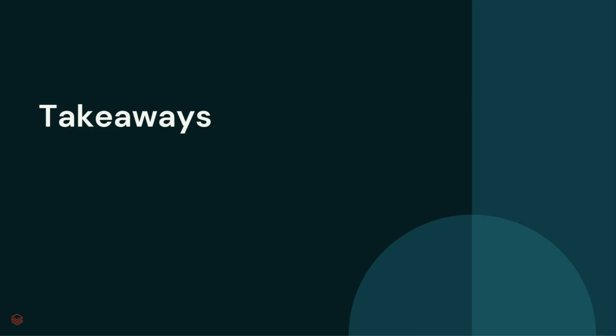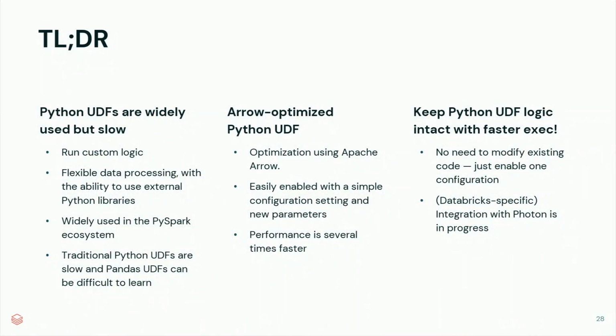Okay, so key takeaways. Forget about everything I said, just this summary. UDFs are widely used, but slow, right? Because people can run custom logic, use third-party libraries, and use logic that cannot be written in PySpark expressions. So we introduced the Arrow-optimized Python UDF that can be easily turned on and off. We added one parameter to UDF and one Spark configuration.